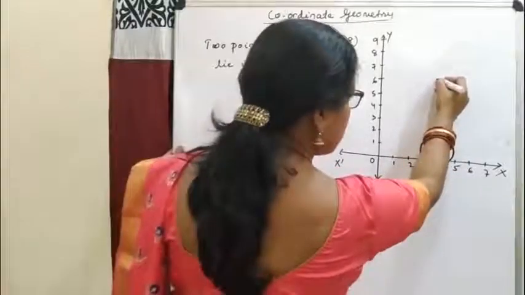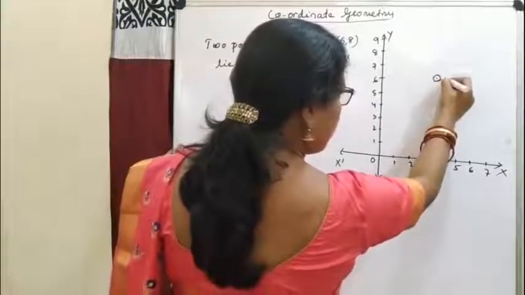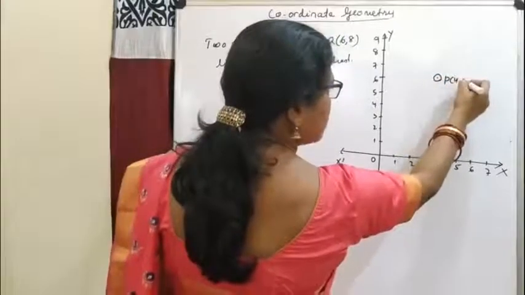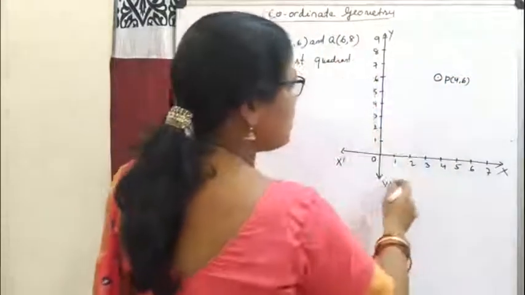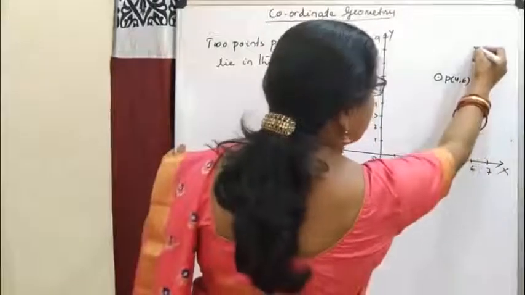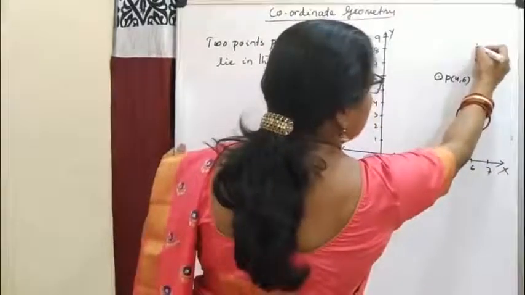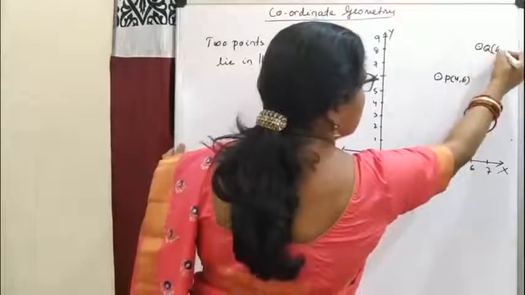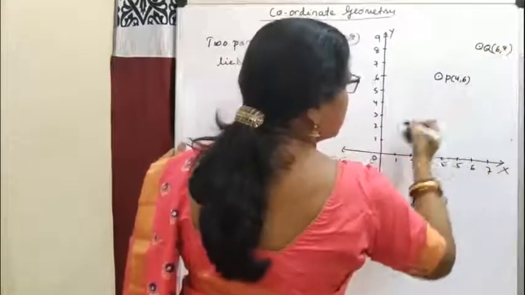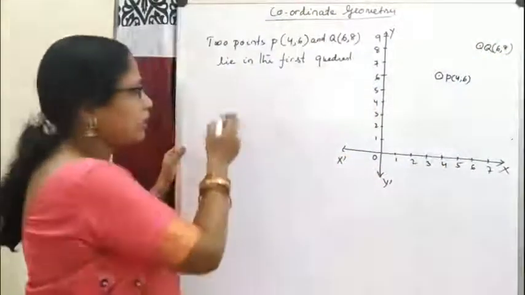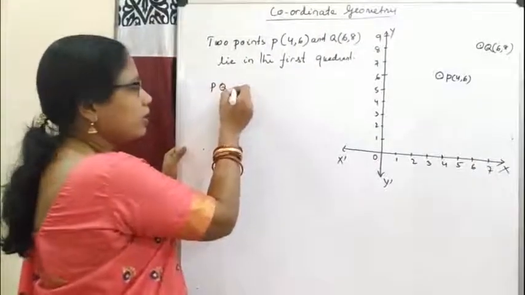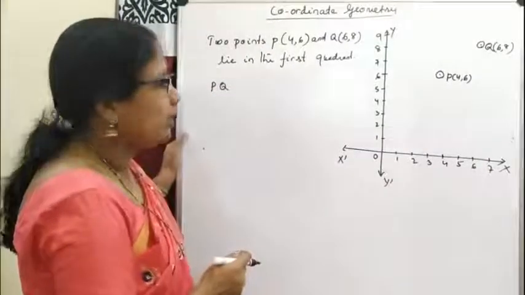So this is the point P 4, 6. And the next point is 6, 8. So let this point be Q. Q 6, 8. So we have to find PQ, the distance between P and Q.